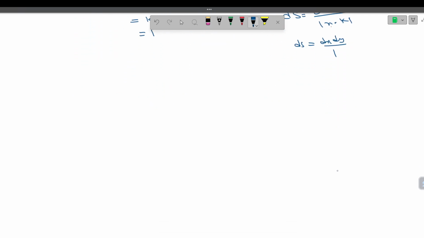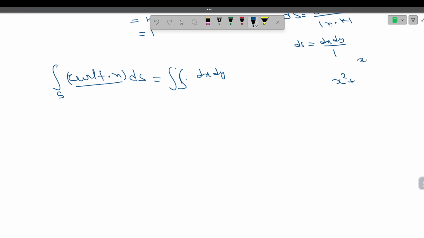Now what is our left hand side part? Second, taken over the surface, curl f dot n ds. Curl f dot n is 1 and ds is dx dy, and this is a double integration. Now the limit of integration. In the xy plane, z equal to 0.